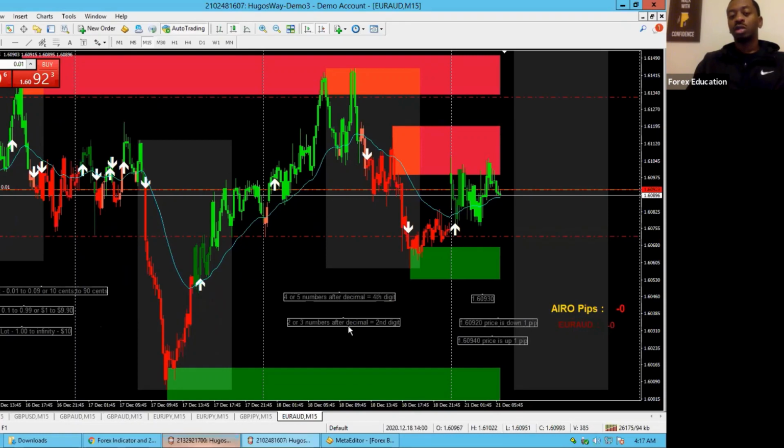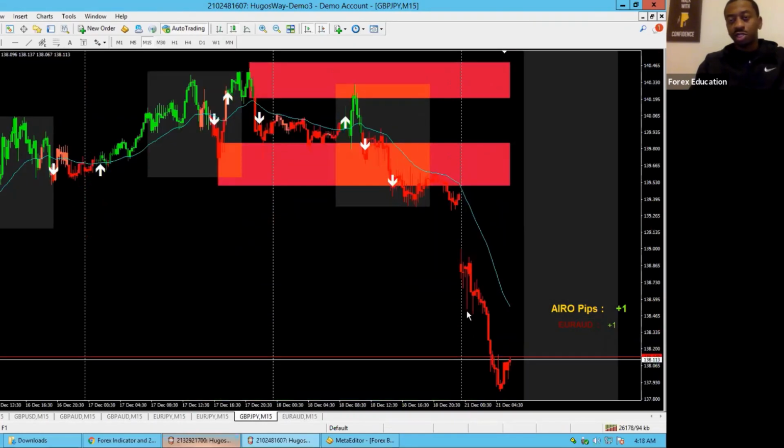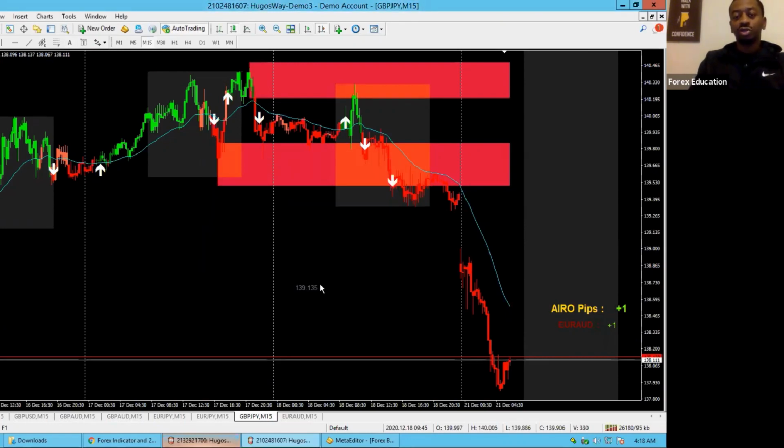So that's for if you have 4 or 5 numbers beyond the decimal place. If you have 2 or 3 numbers after the decimal place, let's find one real quick. GBPJPY. You see here? 139.135 is our entry, for example.